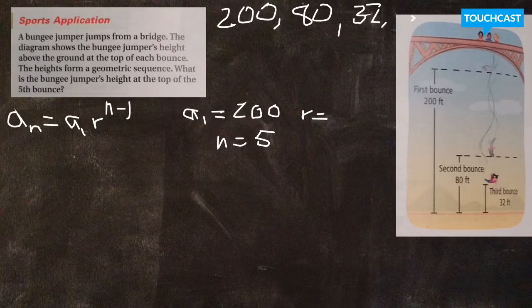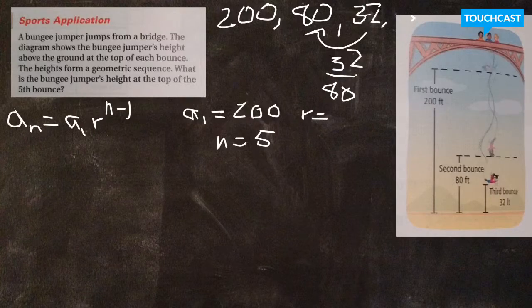So now let's try to figure out what our common ratio is. We have to divide each term by the term before it. So we need to go 32 divided by 80. If we simplify 32 over 80 with the calculator, that's going to just be 0.4.